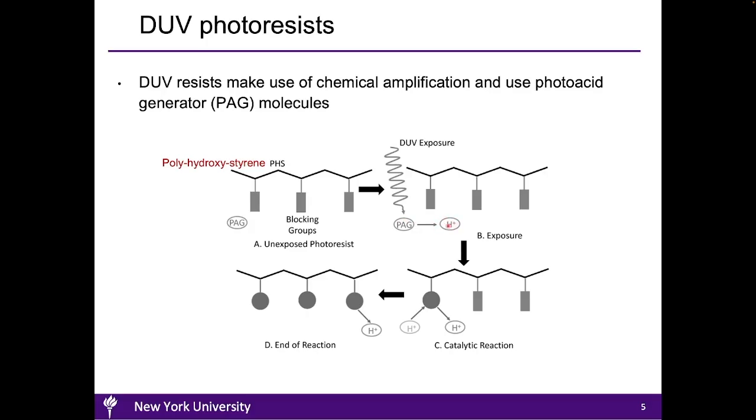The acid molecule acts as a catalyst during the post-exposure bake and changes the resist properties in the exposed region. Specifically, the insoluble blocked polymer is converted into an unblocked polymer that is soluble in an alkaline developer.